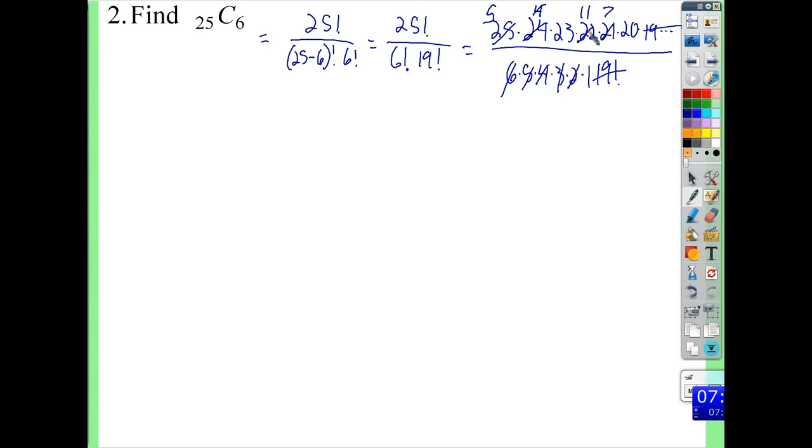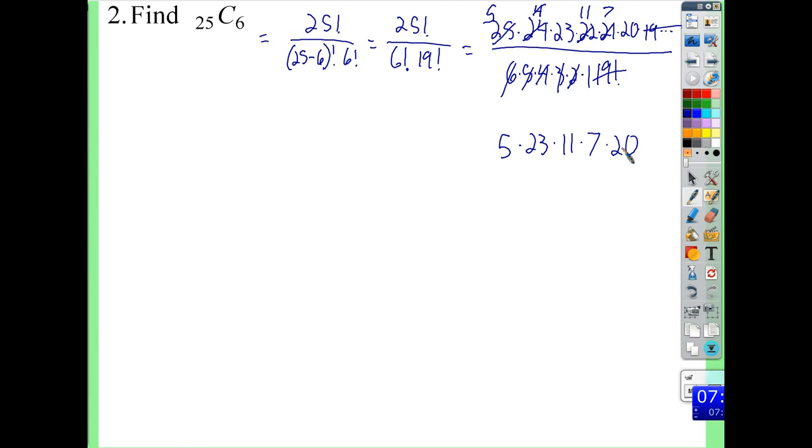So if we're trapped on a desert island or something, we can multiply 5 times 23 times 11 times 7 times 20. Just that one times 20. And trying to find all the combinations of 6 out of 25 coconuts on a desert island, that's how we would do it.